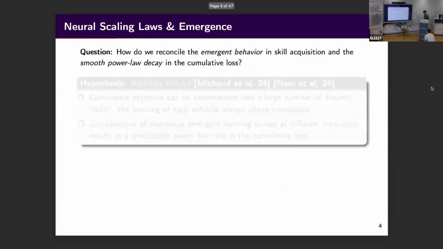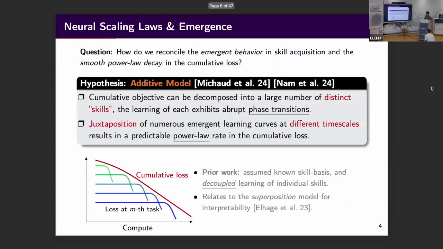So there is a pretty clean theoretical model that tries to reconcile this smooth power law decay in the loss and the sharp transition in the acquisition of individual skills, which is this additive model formulation. The idea is that the cumulative objective, the overall loss that I'm optimizing, can be decomposed into a lot of distinct skills or tasks.